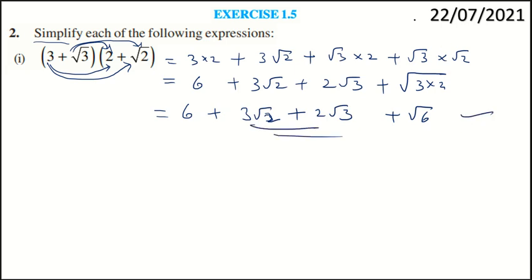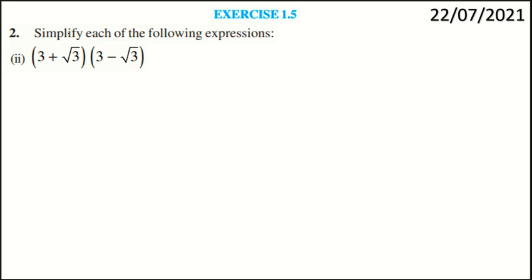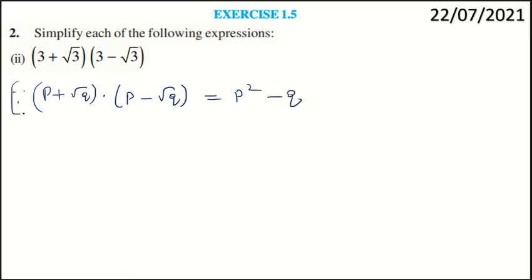Now moving on to the next question. 3 plus root 3 multiplied by 3 minus root 3. It is just like p plus root q multiplied by p minus root q, whose product is p square minus q. So this identity we have seen, using it we will do it.